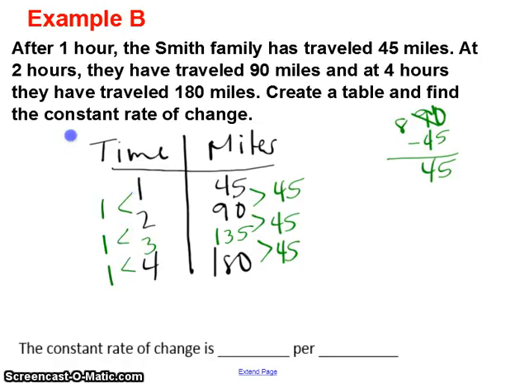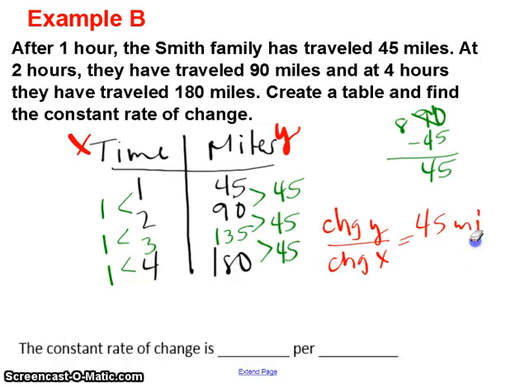So here's my X value, here's my Y value. I want the change in y over my change in x. Okay, so it changed by 45 miles per 1 hour.